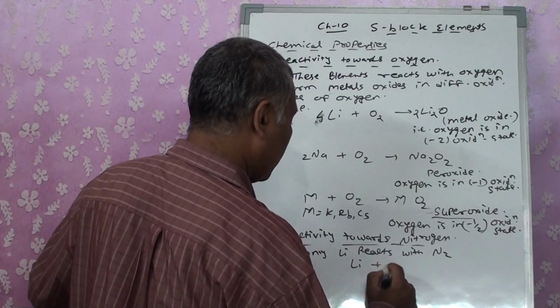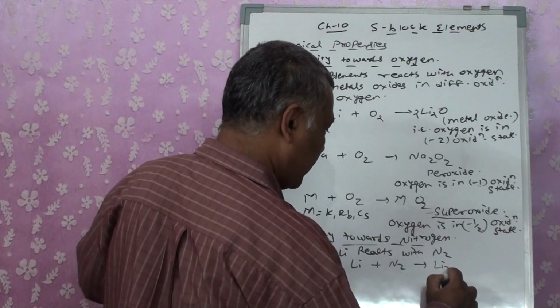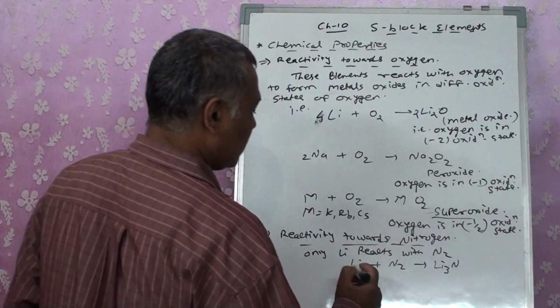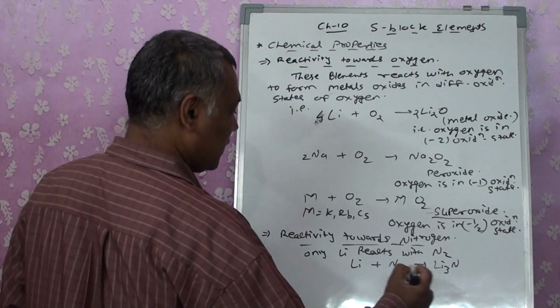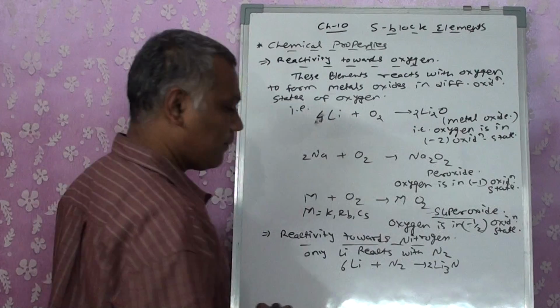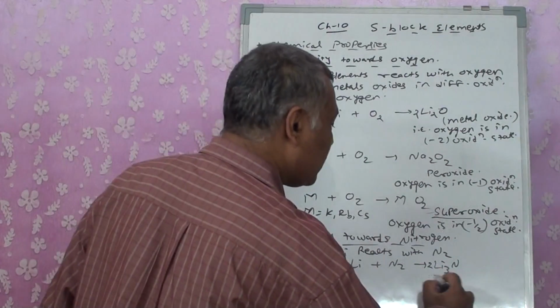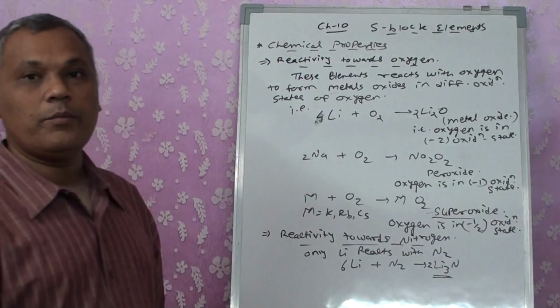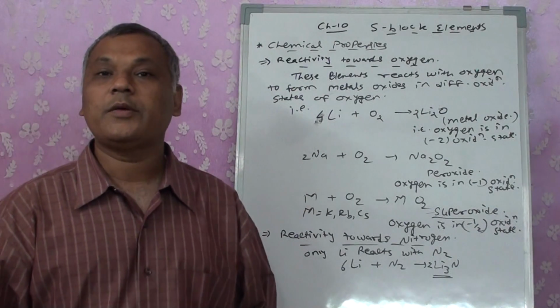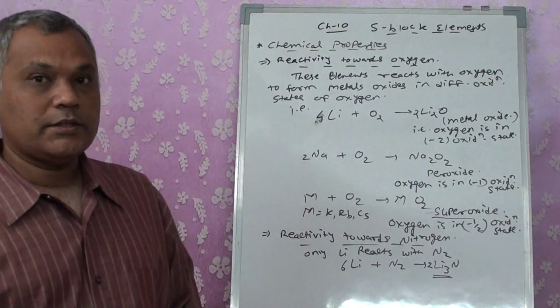It produces Li3N. If I want to balance it, I get 6Li + N2 gives 2Li3N. It's only lithium that reacts. The rest of the elements of this group don't react with nitrogen to form nitrides.